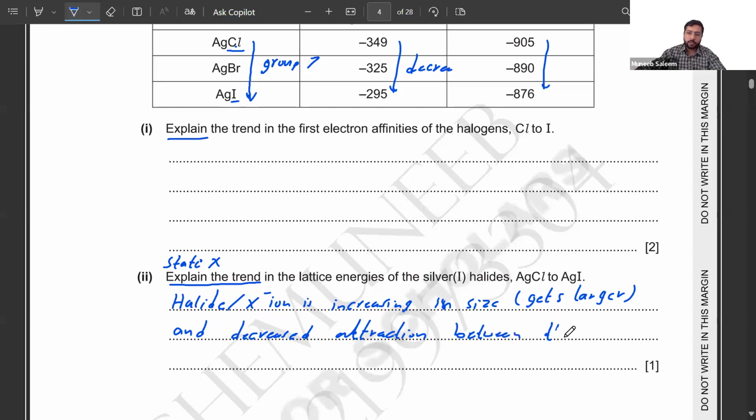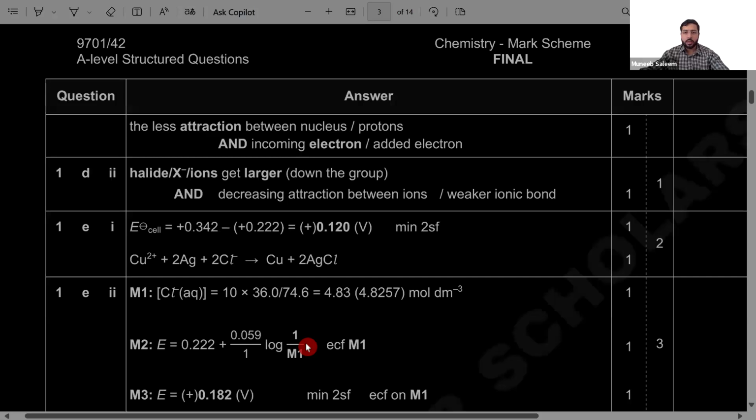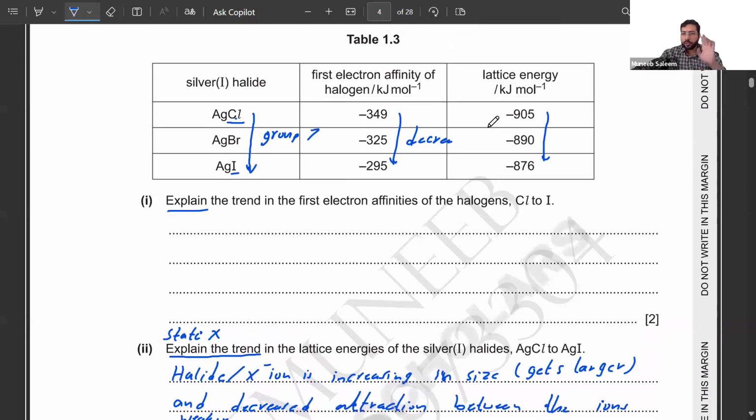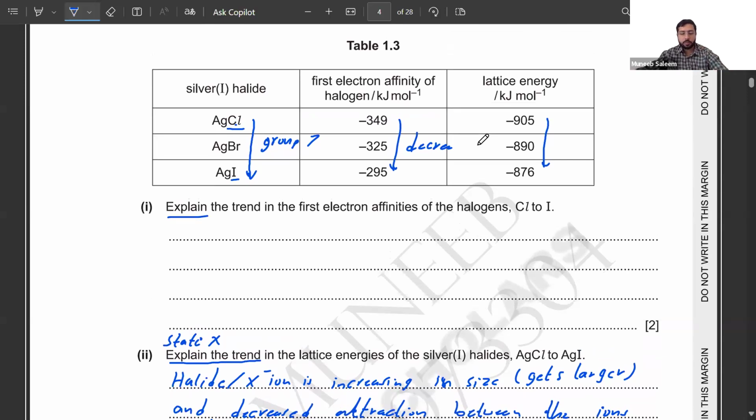The other ion is the silver ion. The attraction between ions is called an ionic bond. So you can say a weaker ionic bond between the ions because of the increased size. So you know that size is increasing, so there is a weaker ionic bond between the silver ion and the halide ions.